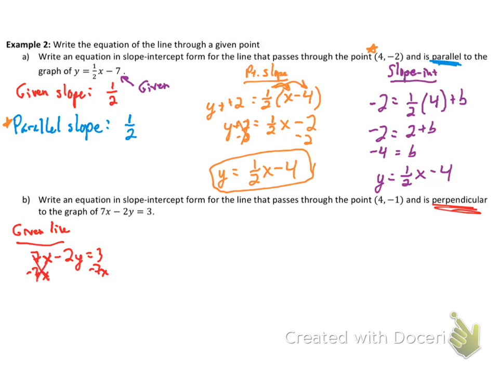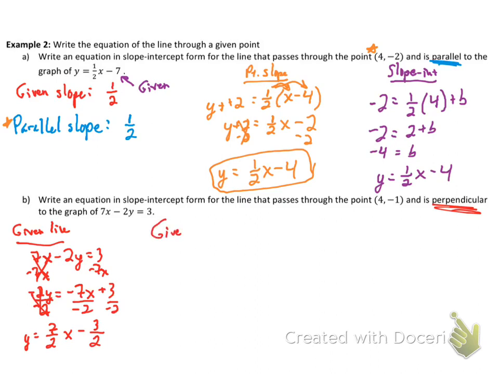If I subtract 7x from both sides, next I'm going to divide both sides by -2. And so I'm going to get y = 7/2 x - 3/2.